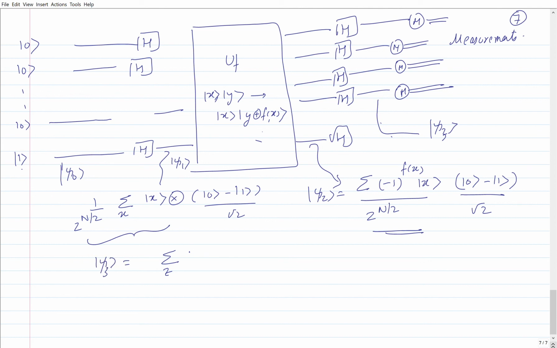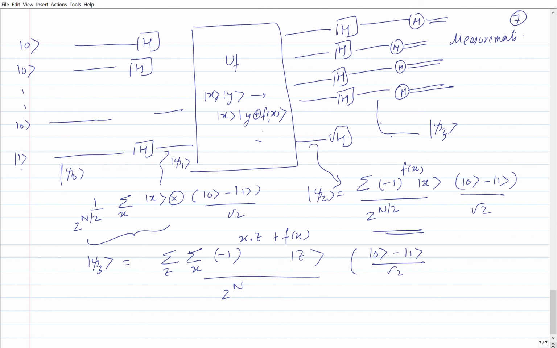is going to be summation over x, summation over z, this guy, over 2 to the power of n, and the last qubit will be as it is, 0 minus 1 by root 2.